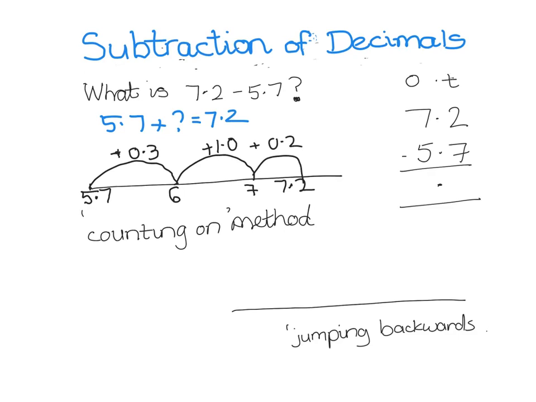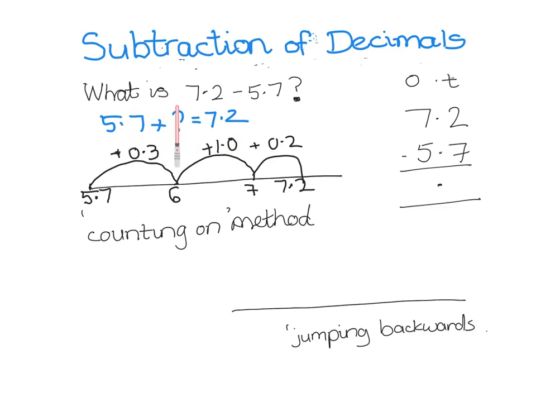Now, that's all great that you've done that, but you need to understand what the answer is. So the question was, how many did I have to add on to 5.7 to get to 7.2? These are what I had to add on, the 0.3, the 1 and the 0.2.